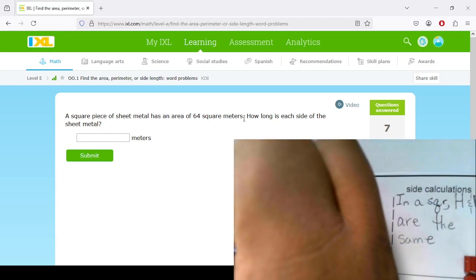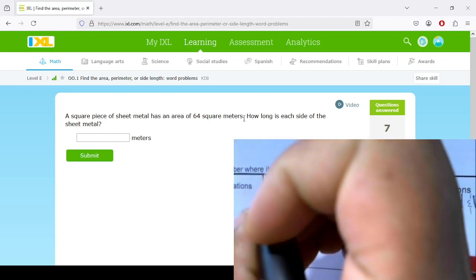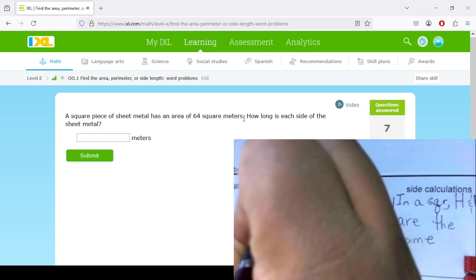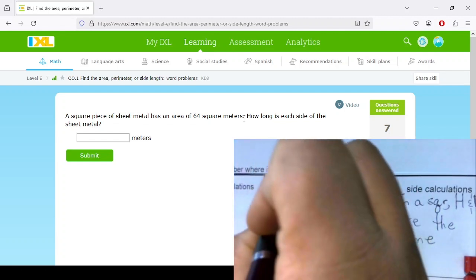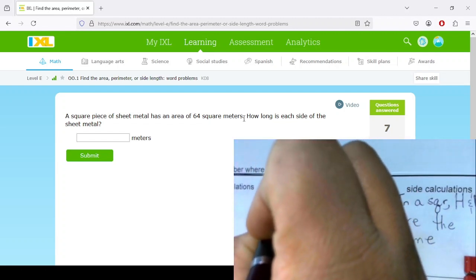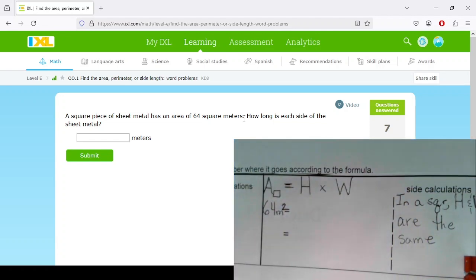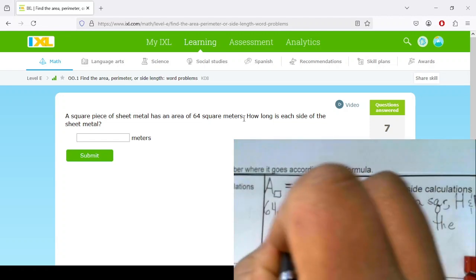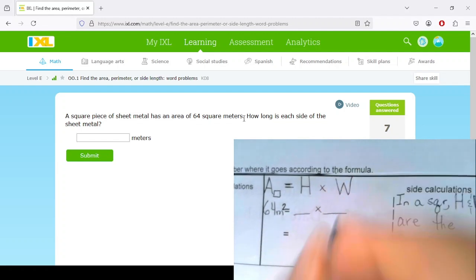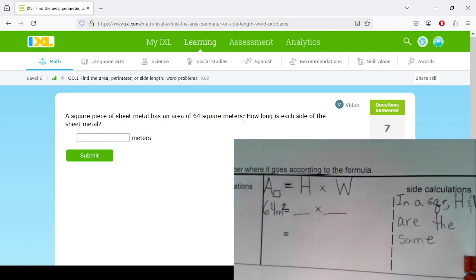So the 64 square meters. I need to write the unit and make sure I put the square meters there. 64 square meters. So I'm looking for a number that multiplied by itself gives me 64. I know that 1 times 1 is 1, which is too small. I know that 10 times 10 is 100, which is too big.